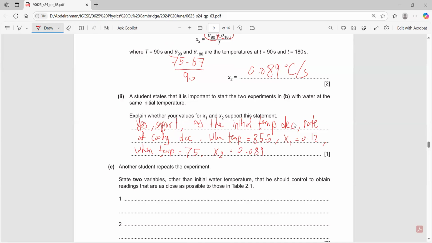Do not be mistaken, 0.12 is 0.120. The second one is 0.089, so it has decreased.